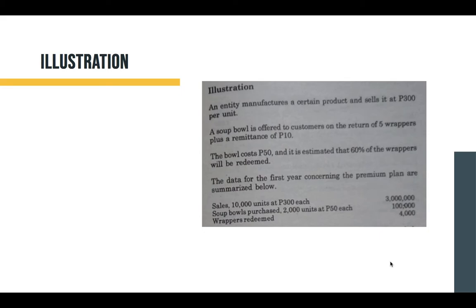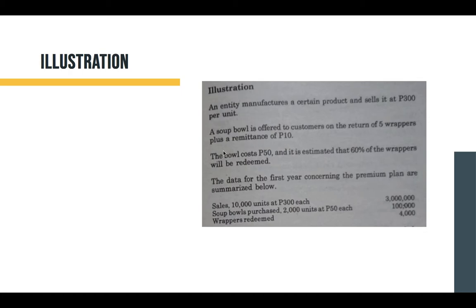Okay, let's go to our illustration. Entity manufactures a certain product and sells it at 300 per unit. A soup bowl is offered to customers on the return of 5 wrappers plus a remittance of 10.